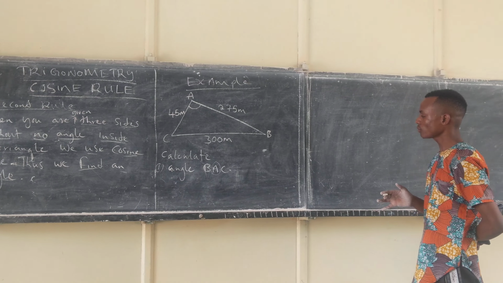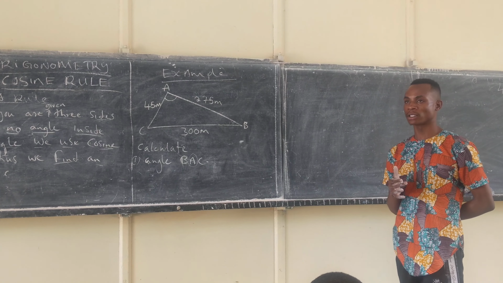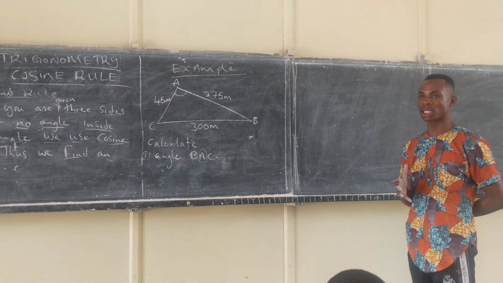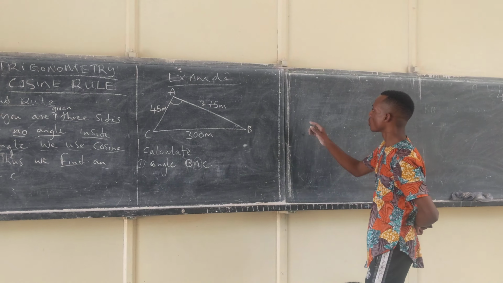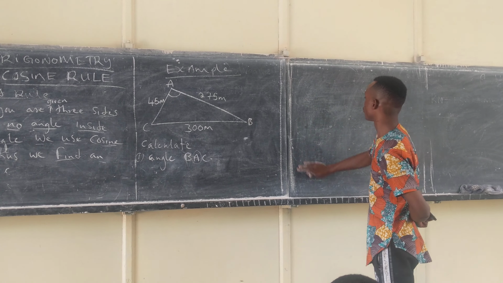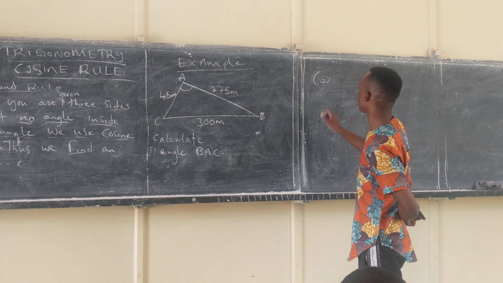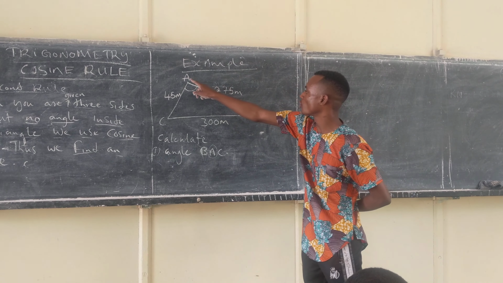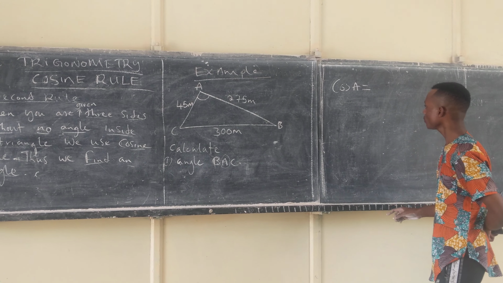Okay, so we use the same formula that we were using on the first rule, but we are going to break it down into a half formula so that it can be simple for us. So the way you are going to write your formula is, you are going to say cos, since we are finding for cos, what angle is solving? A. Then equals.